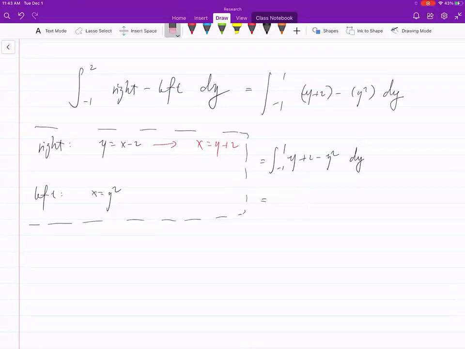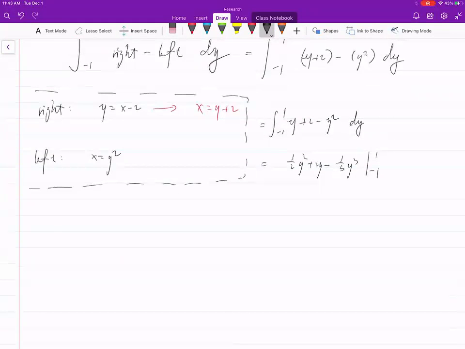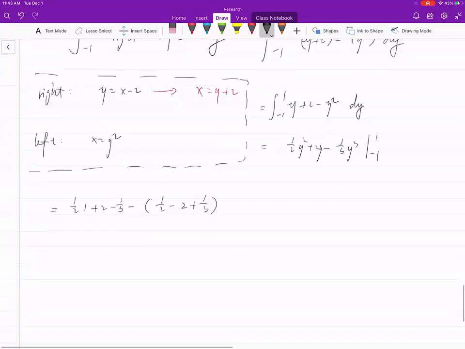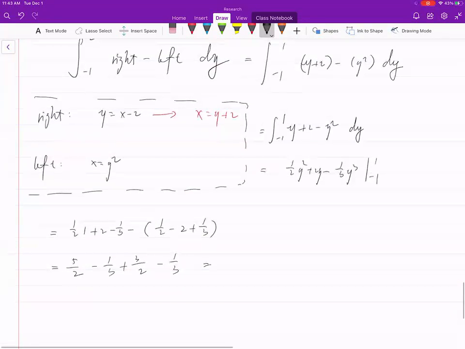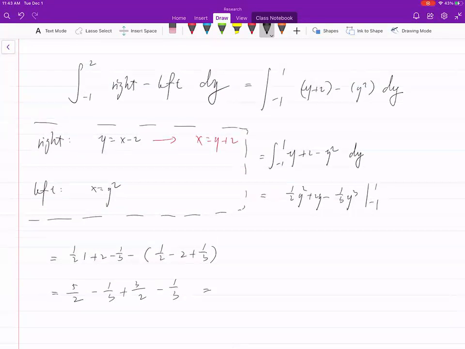You already have it. It's going to be 1/2 y squared plus 2y, which gives... am I right? 1 plus 2.